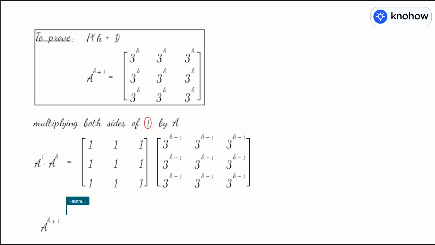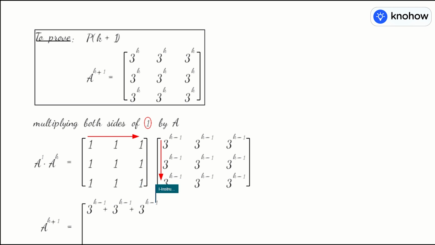What about the right hand side? How do you multiply? You multiply the elements of the first row, 1, 1, 1, to the elements of the first column, that is 3 to the power k minus 1 each. Multiplying by 1 each, you get 3 to the power k minus 1 plus 3 to the power k minus 1 plus 3 to the power k minus 1.